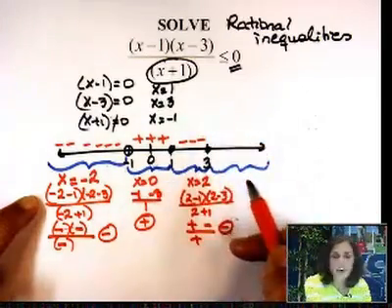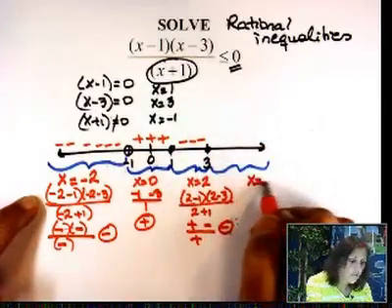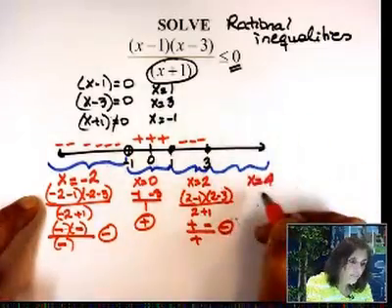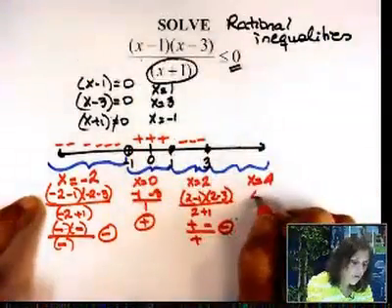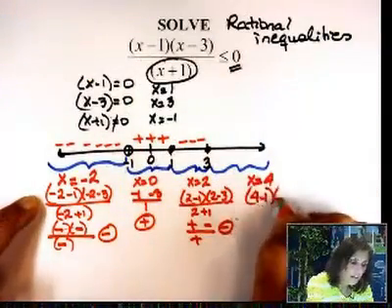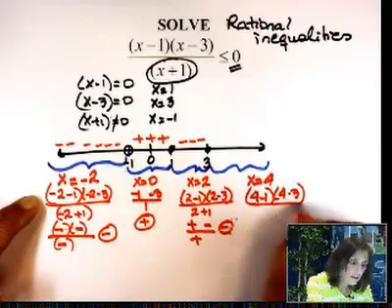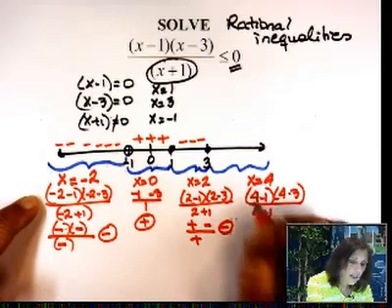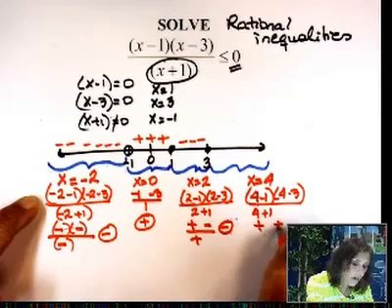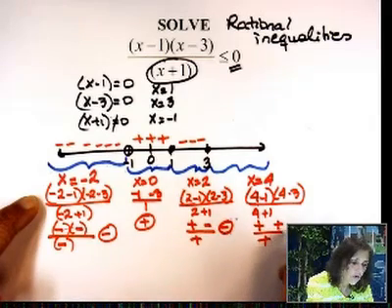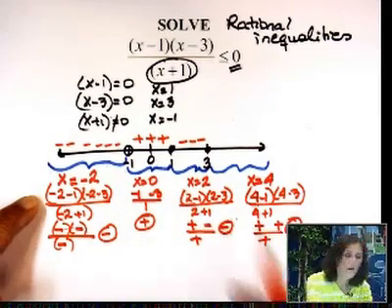How about after here? Let's pick x equals 4. I'll put 4 in the original expression: 4 minus 1, 4 minus 3, 4 plus 1. That will give me a positive, positive, and a positive. The whole thing will give me a positive.